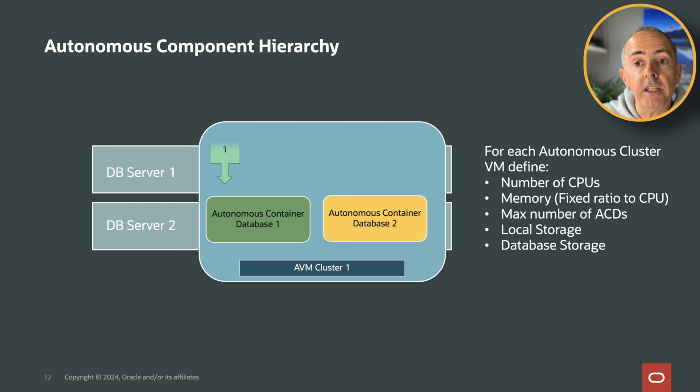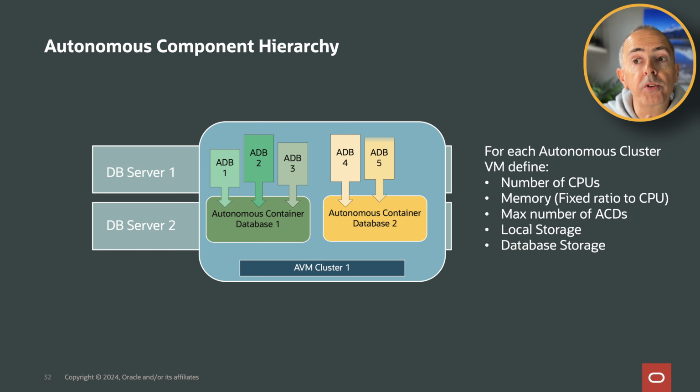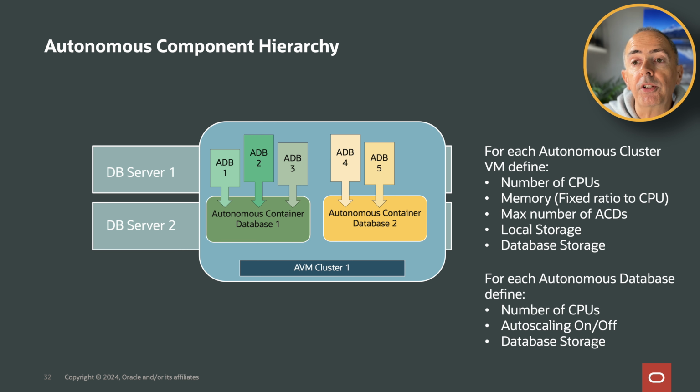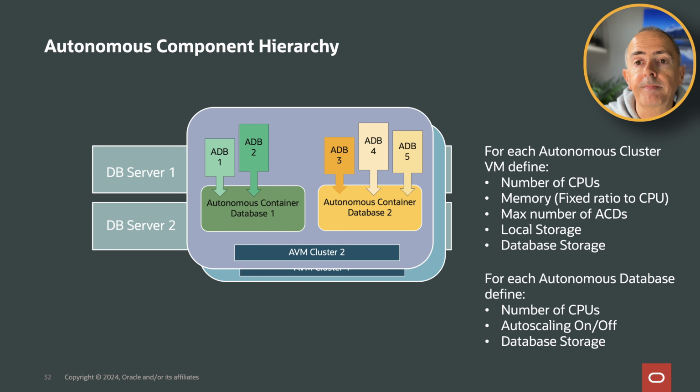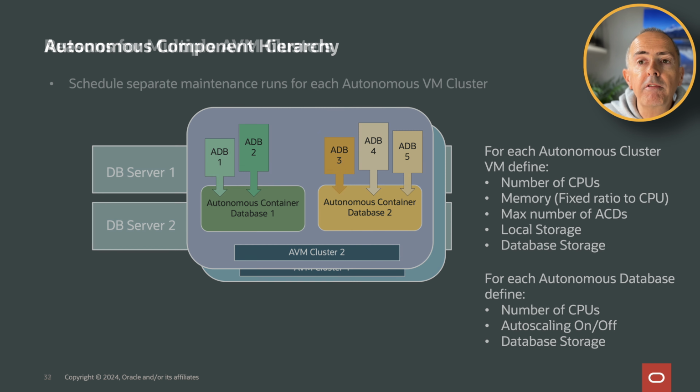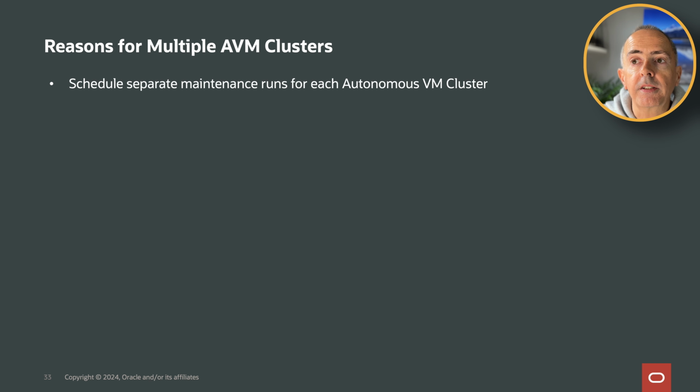And in each of these, you can create one or more autonomous databases. So for each autonomous database, you can also choose the number of CPUs, the storage, and whether you want to use auto-scaling or not.